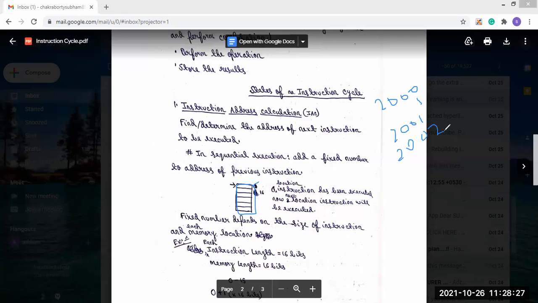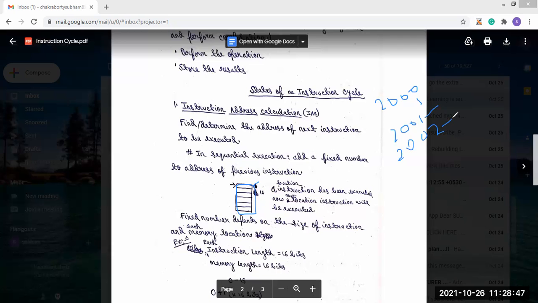Then the fourth location will be 2003, like this.